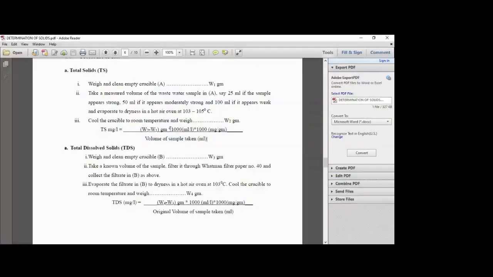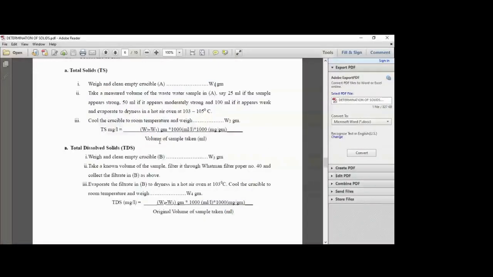And the 1000 ml per liter and 1000 mg per gram is taken here to make this unit mg per liter, right? So if you do all this dimensional analysis, you will get the unit as mg per liter, right? So just W2 minus W1 gram.